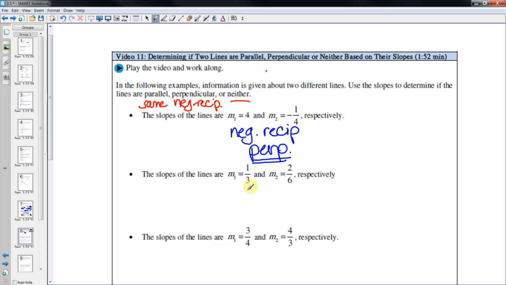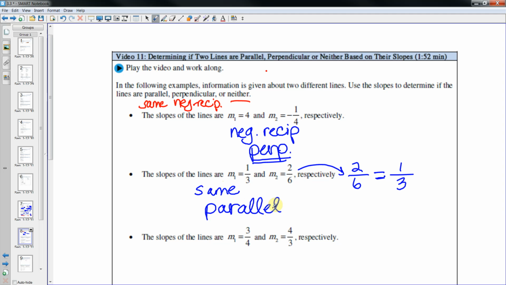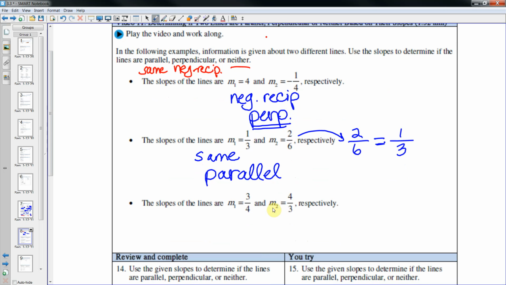Alright, here we've got slope that is 1/3 and one that is 2/6. Well, I recognize that 2 over 6 is not reduced. That'll reduce by 2's. 2 goes into itself 1 time, 2 goes into 6 3 times, 1/3. I end up having the same slope. Even though this was not reduced all the way, I can reduce it all the way. They're the same slope, so they are parallel lines. Alright, the next one, I've got 3/4 and 4/3.